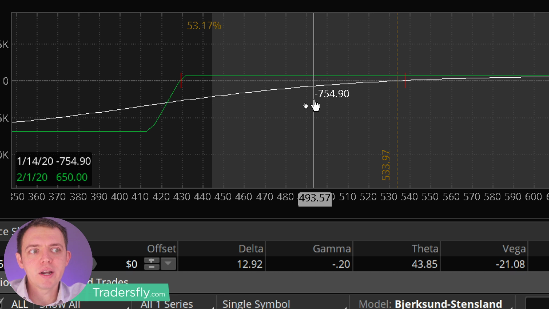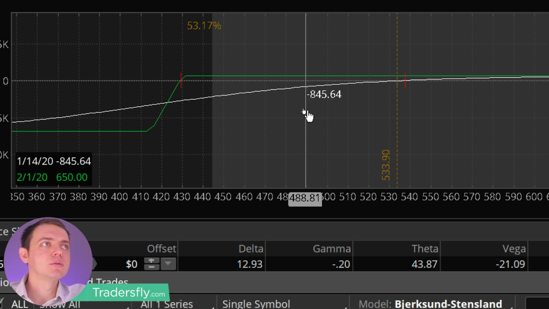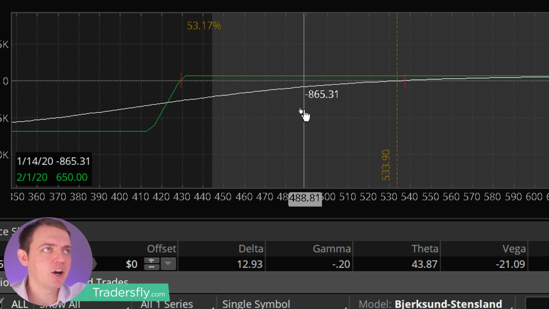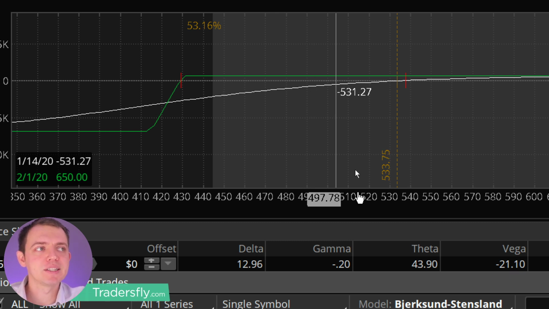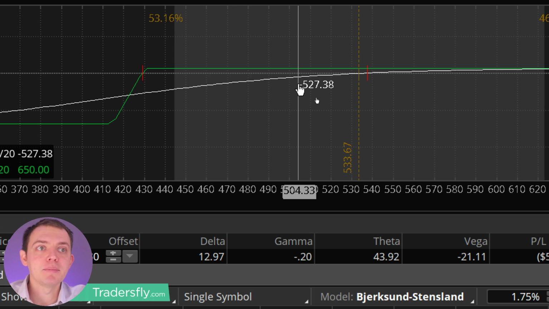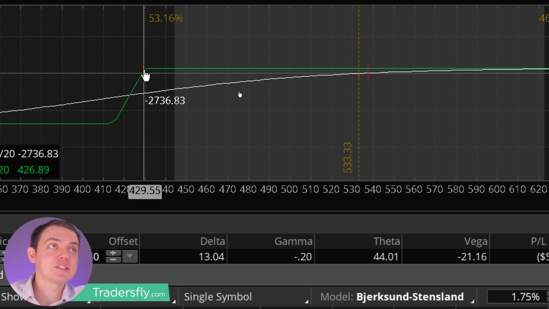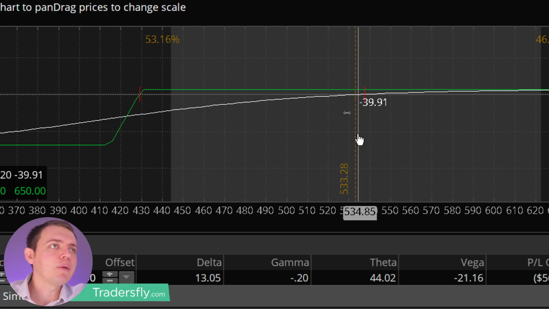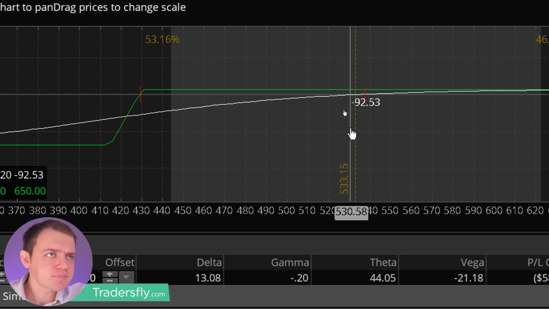So as long as you're under 20, and you're also above your, let's say, negative 700-800, then you're fine. And with time, those probabilities shift more and more in your favor because the theta continues to help you. As time expires, the probabilities swing in your favor just because there's less time left in the position. So I would definitely do both in order to look at the overall total position.